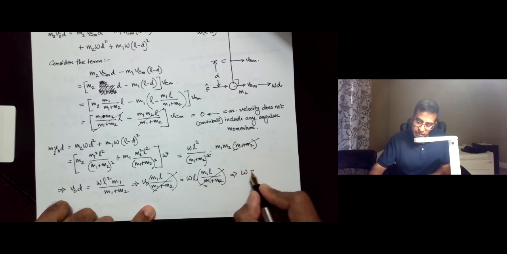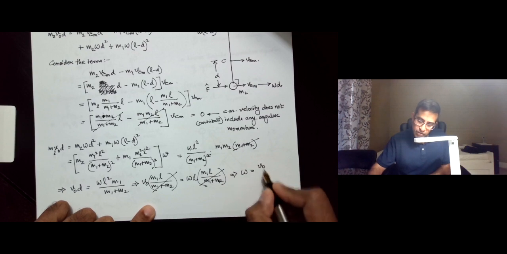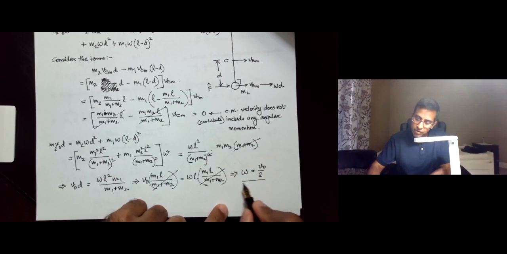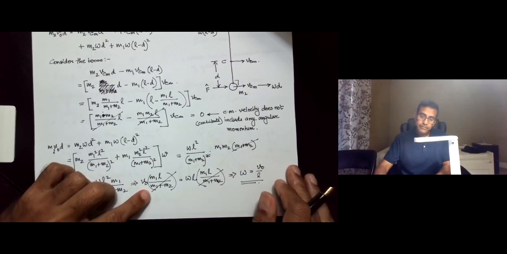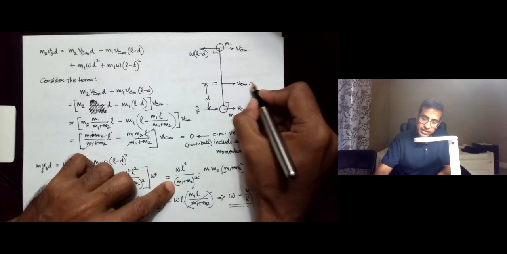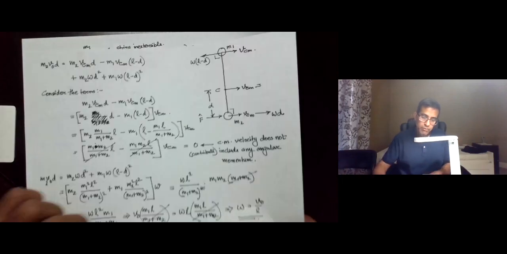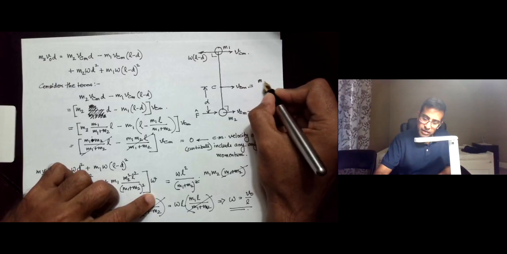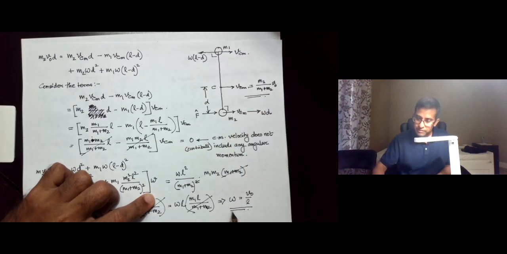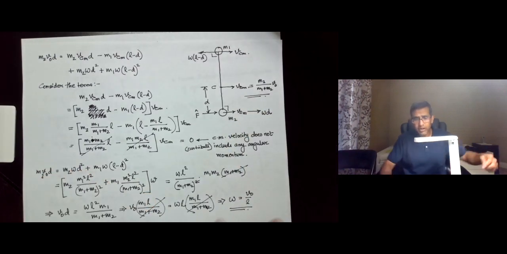Now this gives me the expression for omega, which is v naught over L. Okay, so that's the angular velocity, and we have the expression for VCM. VCM turned out to be, let's see, the expression was m2 divided by m1 plus m2 v naught. And omega is v naught over L.